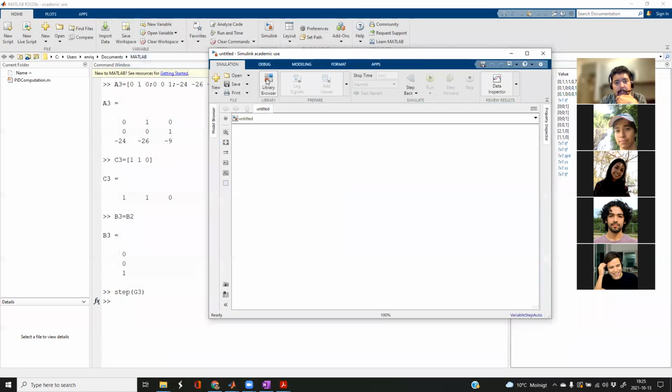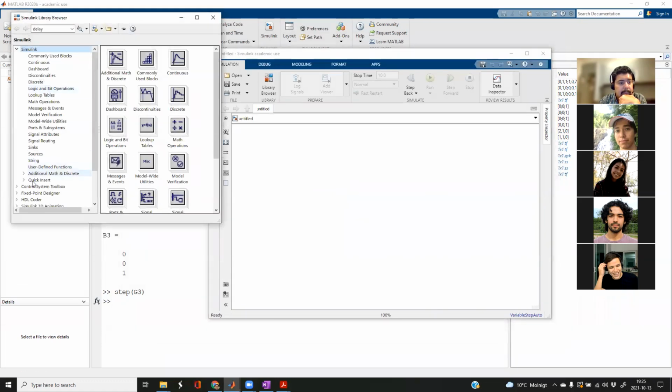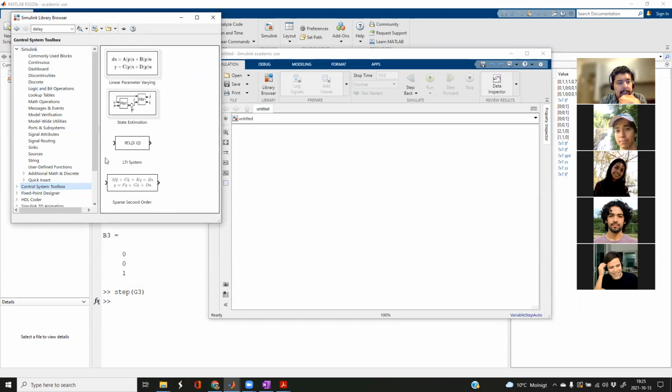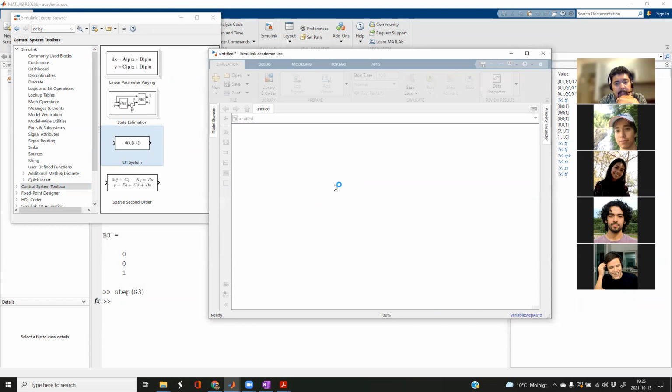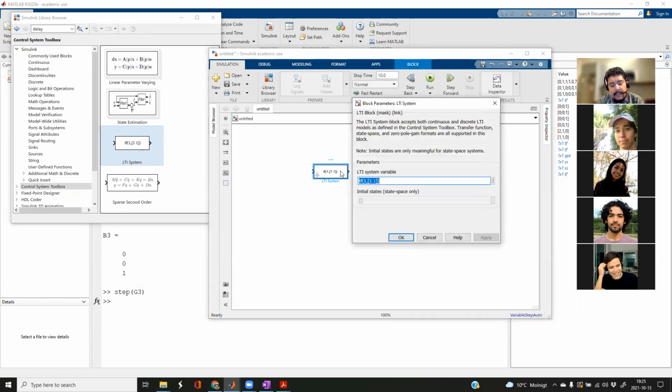From the browser, I'll bring from the control system toolbox an LTI system where I will write G3, which is the system that I want to compare.